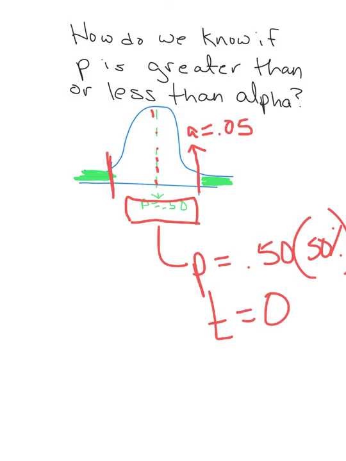So this is basically 5% of the data. Anything between here and here is somewhere in the 50th percentile. It gets closer and closer to 50%.